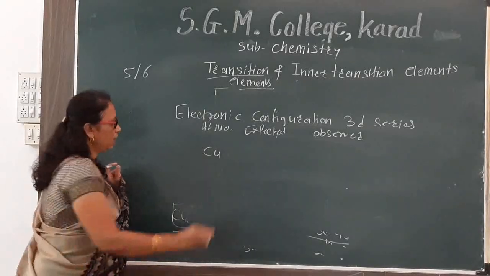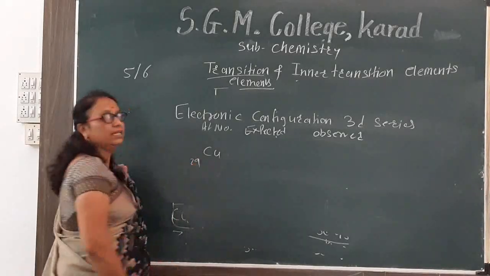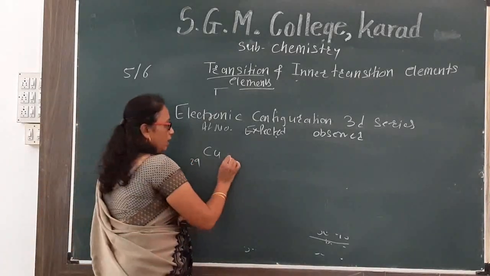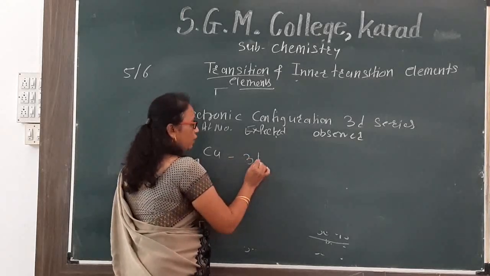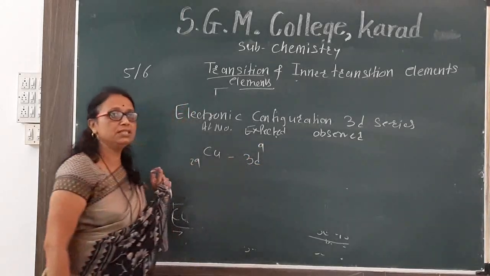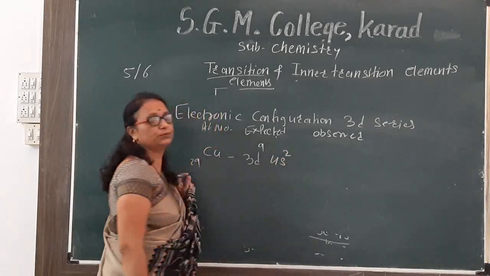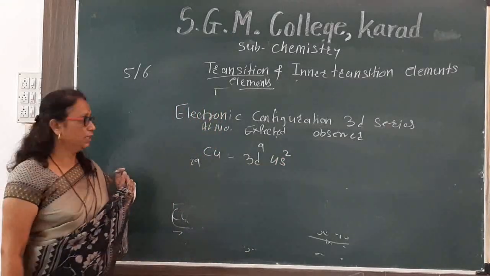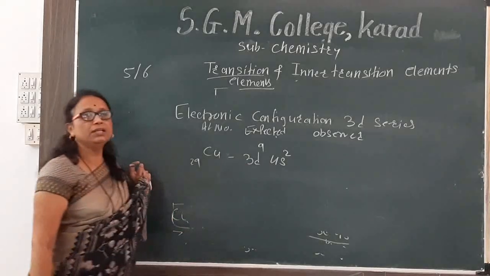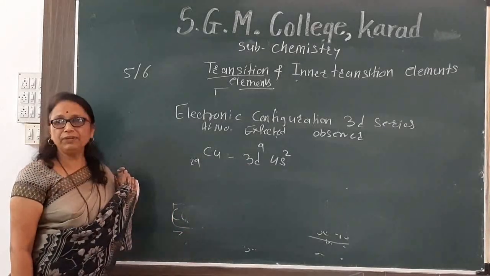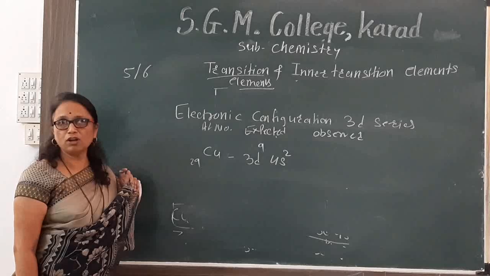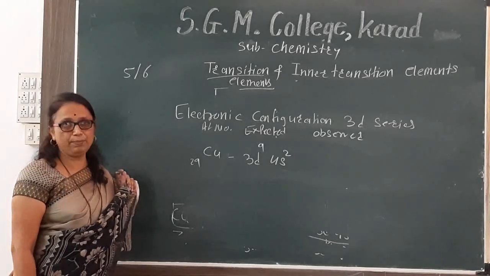Copper has atomic number 29. The expected outer configuration is 3d9 4s2. But this is incompletely filled, and we know half-filled and completely filled orbitals have extra stability.